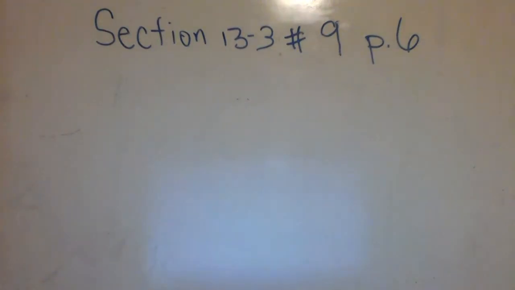Section 13.3, number 9, on page 6 of your homework sheets, reads, a flask contains a mixture of hydrogen and oxygen. The pressure being exerted by these gases is 785 millimeters of mercury, as determined by a manometer. If the partial pressure of the hydrogen in the mixture is 395 millimeters of mercury, what is the partial pressure of the oxygen?